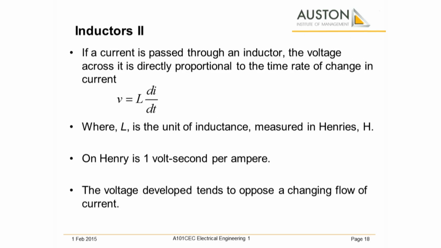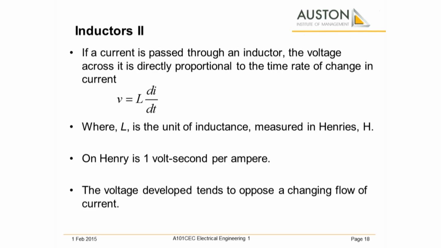In DC, the voltage across the inductor is zero. Why? Because current flows freely in the inductor. Voltage will only be developed across an inductor if current is changing. That is why voltage is only developed across an inductor in AC.